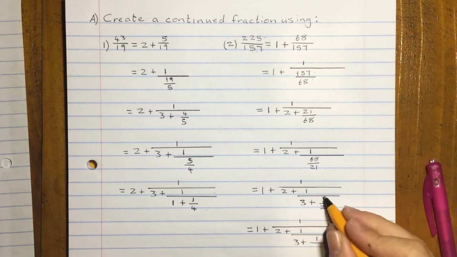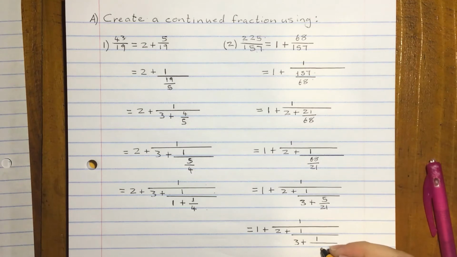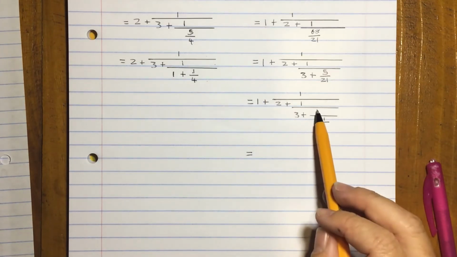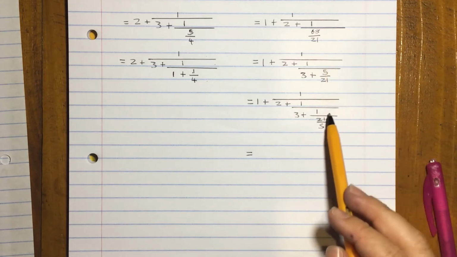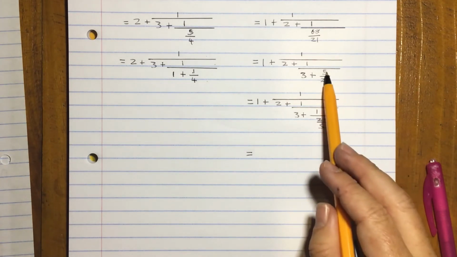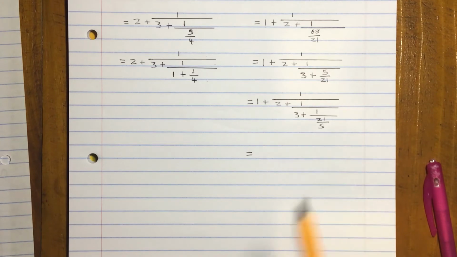So I put 1 over 5 over 21, so that will be 21 over 5. And put 21 over 5 into your calculator to find the next step of your continued fraction. Right, we've put 1 over 21 over 5 to flip over 5 over 21.